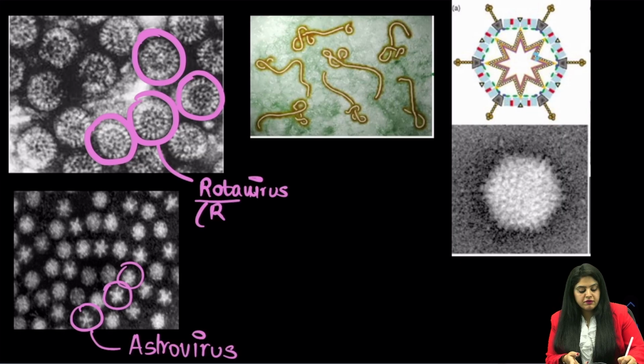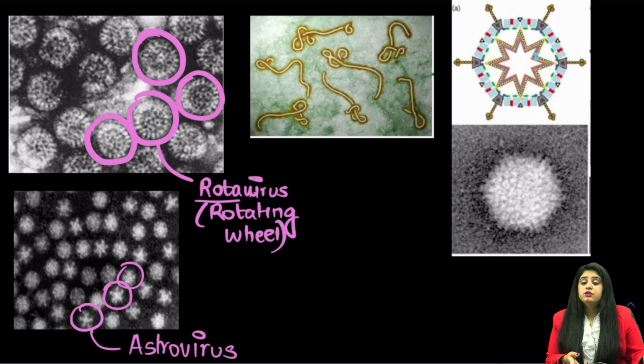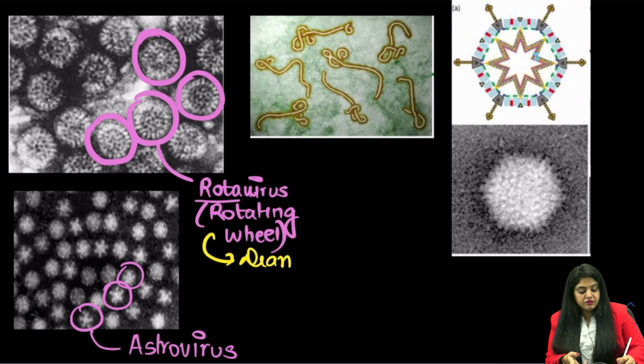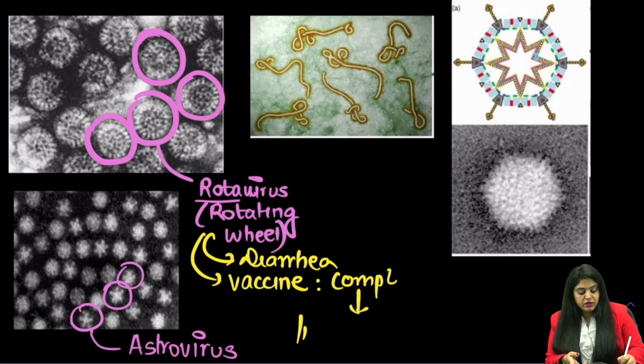So remember rota for rotating wheel, and you have some very famous questions for it: what disease happens because of it? We have diarrhea that happens because of it, and then the vaccine. Of course, there is Rotarix, the rotavirus vaccine. What is one of the side effects or complications of the vaccine which you get in pediatrics?